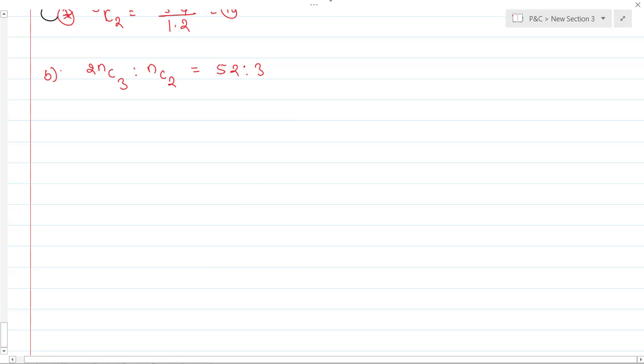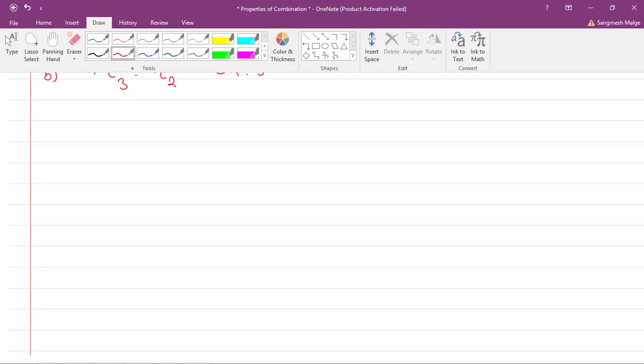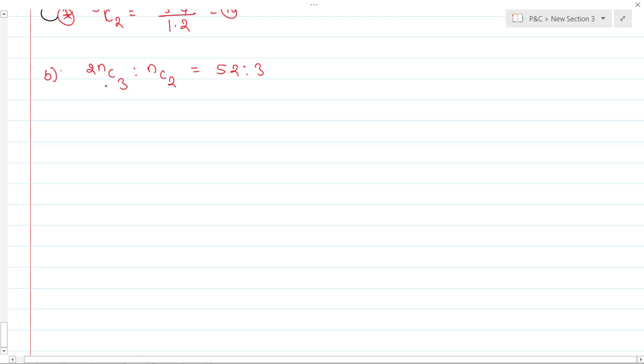So what to do? "Is to" means what? It is a division, so we can write it like this. Using the definition of combination, it is 2n factorial upon 3 factorial into 2n minus 3 factorial.